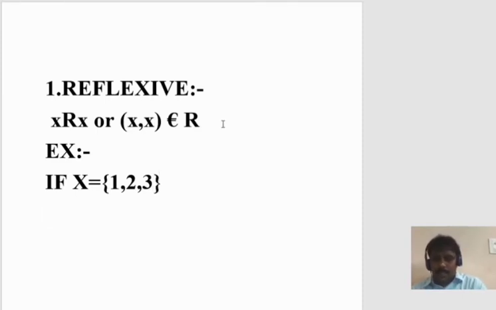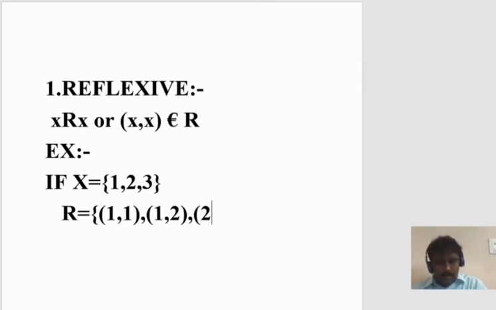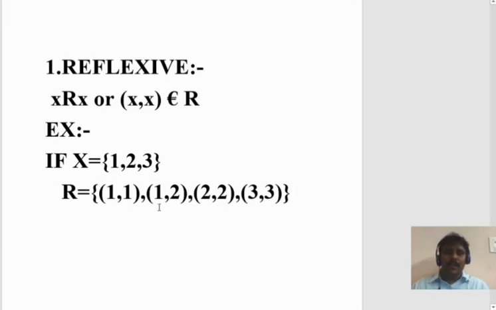Now he has given a relation R equal to {(1,1), (1,2), (2,2), (3,3)}. So he has given X equal to 1 to 3, that means three numbers, and relation R: (1,1), (1,2), (2,2), (3,3).